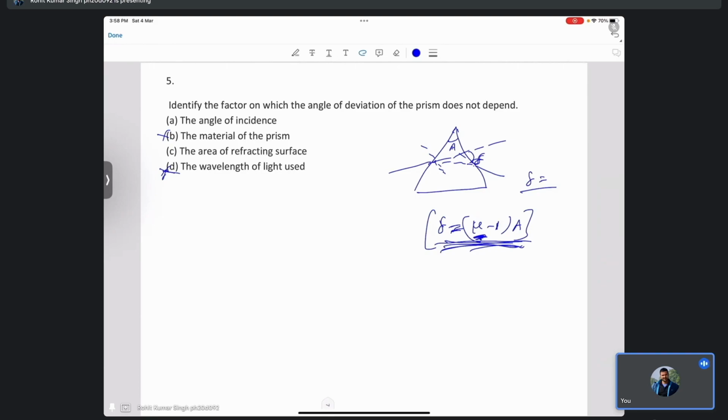Let me remind you. I showed you one plot like this, right? Here we had the angle of incidence, and on the y-axis we had delta. When I change the angle of incidence, this deviation changed, right? And it was minimum when the angle of incidence and angle of emergence were equal, correct?